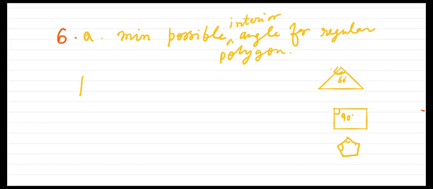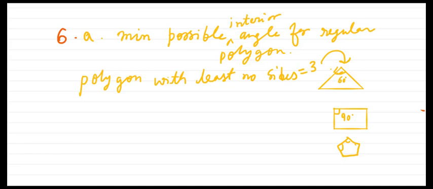The polygon with the least number of sides is 3, that is a triangle. The interior angle for that will be 60 degrees.